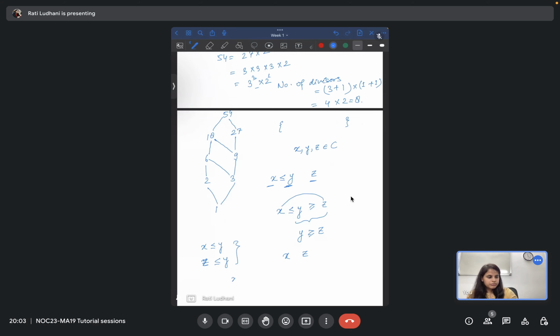So I'm just trying to say that there will be a chain of fixed direction, not like a zigzag one. Okay, I should frame my question like this.